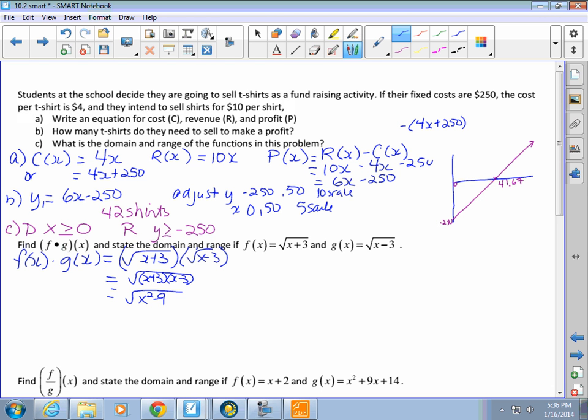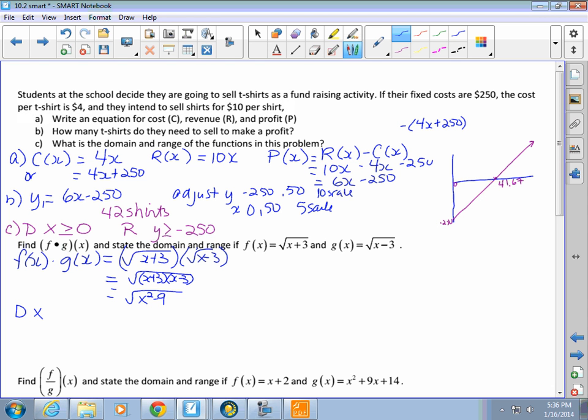To find your domain, we need to go to that first step. So my domain of x plus 3 and x minus 3. For right now I skip my little brackets there.